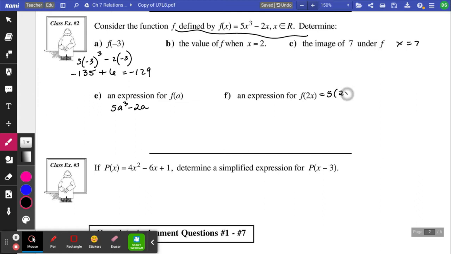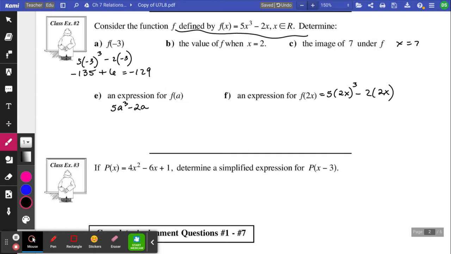So you must take 2x and cube it. And then if I keep reading my sentence up at the top, it says then subtract 2 times our input, x. What's our input? Do you see it? Everywhere there was an x before in the equation, now I put 2x. Everywhere I saw an x before, now I put whatever my input is, which happens to be 2x. Does that make sense then?